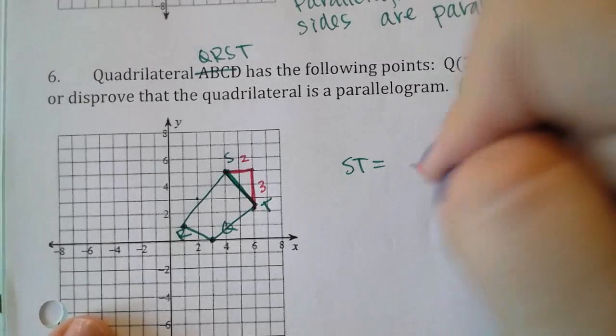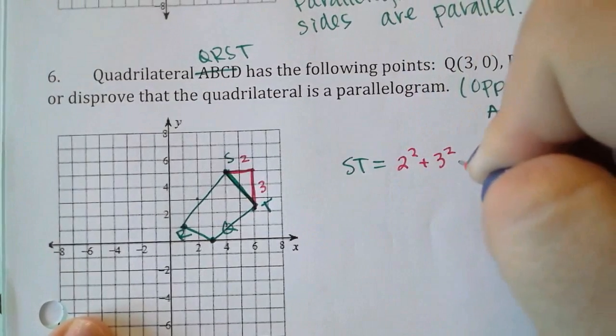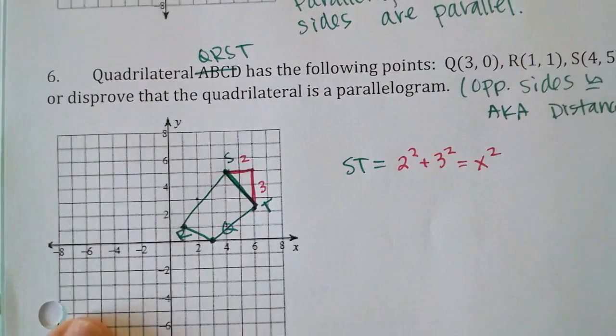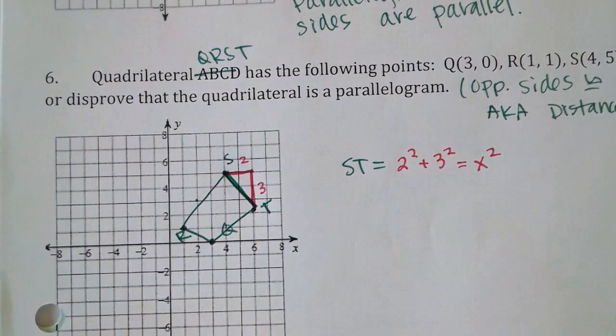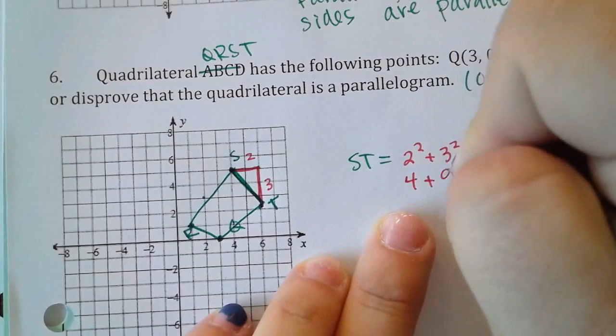So if I want to find the length, I'll say 2 squared plus 3 squared equals x squared. We're looking for the length of that segment. Interestingly enough, we kind of did the exact same thing to find slope, right? The 2 and the 3. That's why slope's a lot faster. So 2 squared is 4 plus 9.